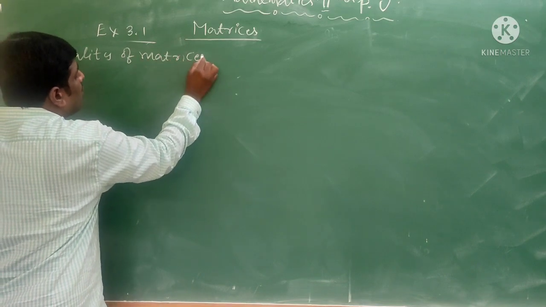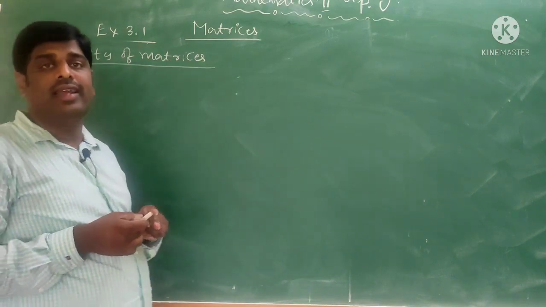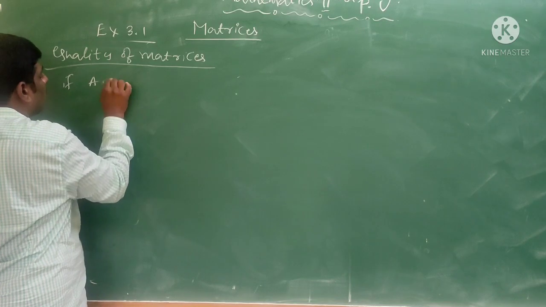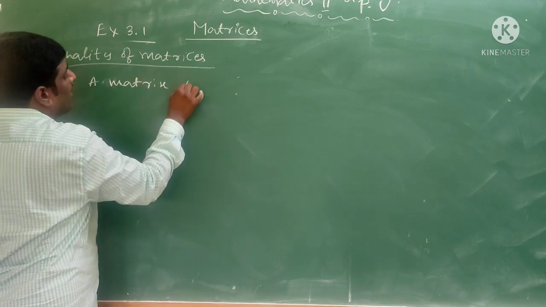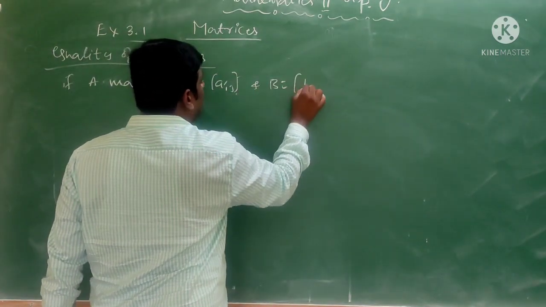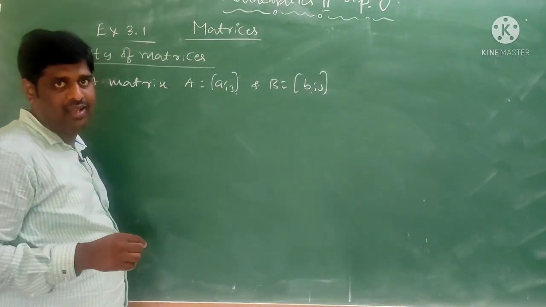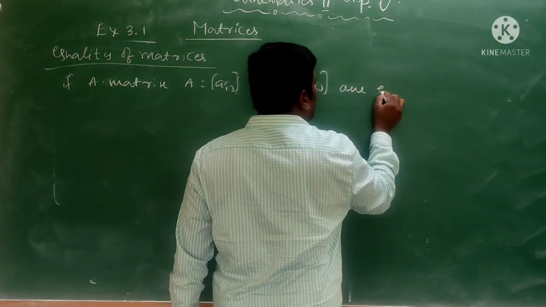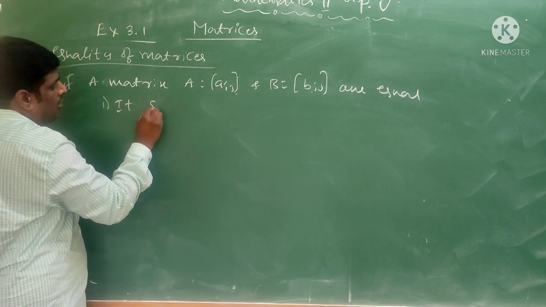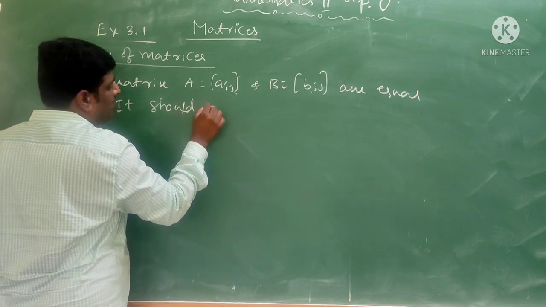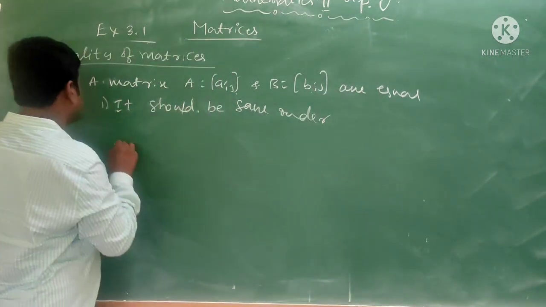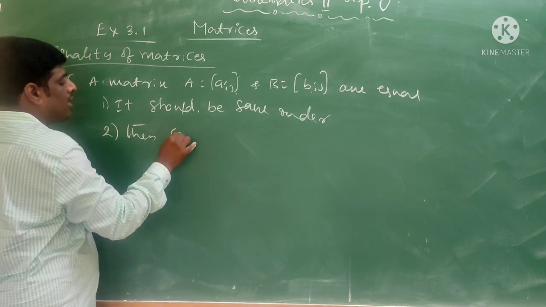Equality of matrices means if matrix A equals Aij and B equals Bij are equal, then they should be of the same order, and then corresponding elements are equal.